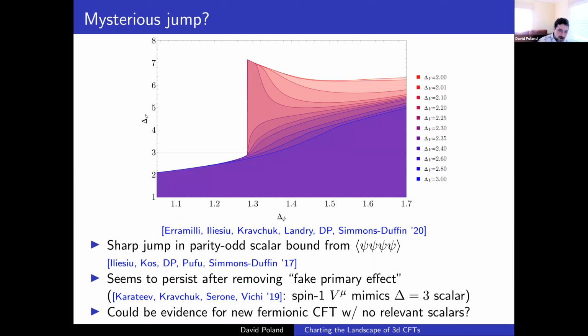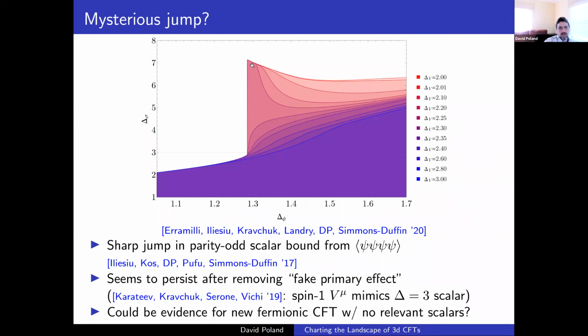But actually the conformal blocks, if you look at the conformal blocks of a spin 1 parity odd operator approaching the unitarity bound, they become degenerate with the conformal blocks of a dimension 3 scalar, for some group theoretic reasons that were understood in this paper by Karateev, Kravchuk, Serone, and Vichi. So the idea was that if you remove these spin 1 operators at the unitarity bound from the bootstrap problem and pose some gap in that sector, then maybe this jump will go away.